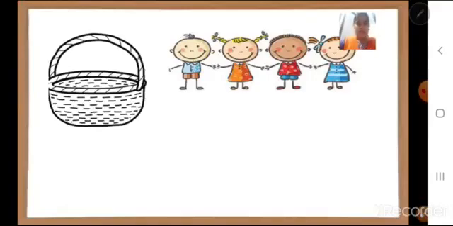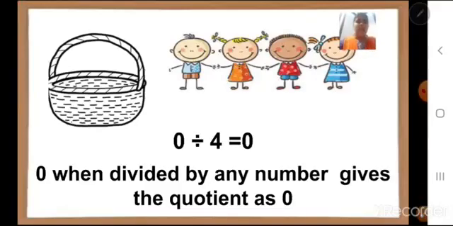So we can conclude that 0 divided by 4 is equal to 0. 0 when divided by any number gives the quotient as 0. Understood children how it works?